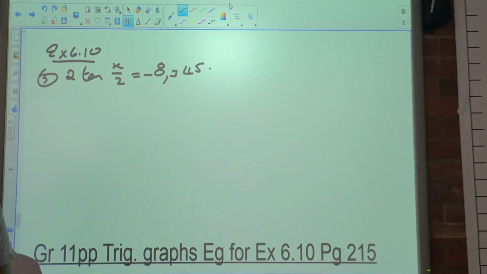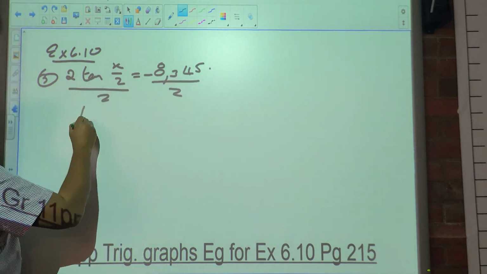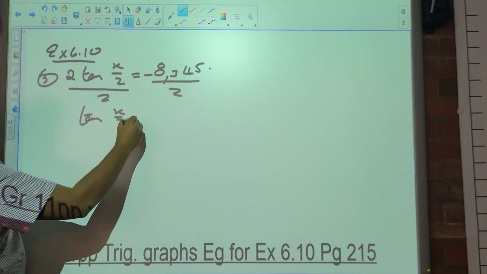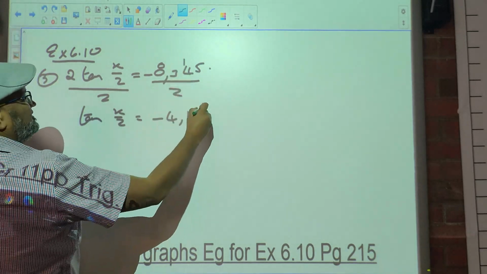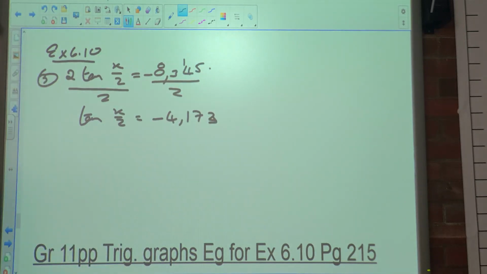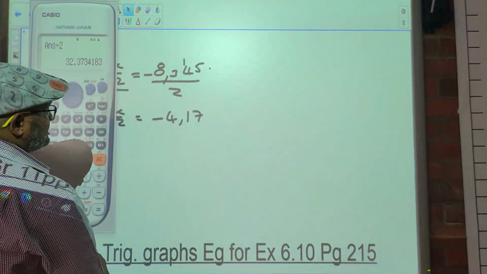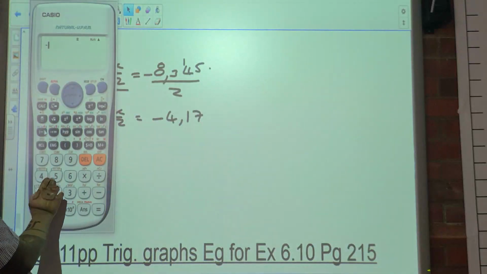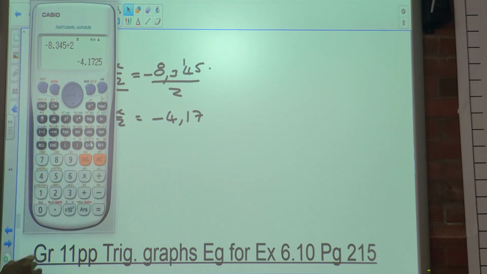Right, so where do we start? Divide by 2 first. That gives tan of x over 2 equals negative 4.172. We got negative 8.345 over 2, which gives us negative 4.17.